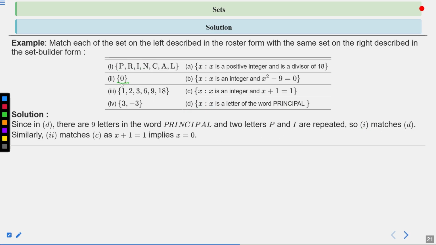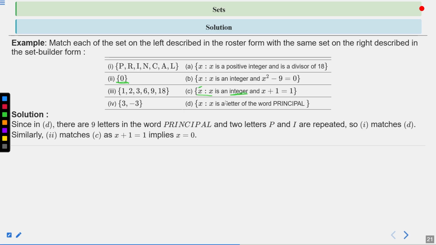Also, for this singleton set 0, you will see what we mean by singleton set. For now, this is your roster form in which you have only a single element, 0. Now just observe what the set builder form gives you, just 0. Very simple. Collection of all x such that x is an integer.